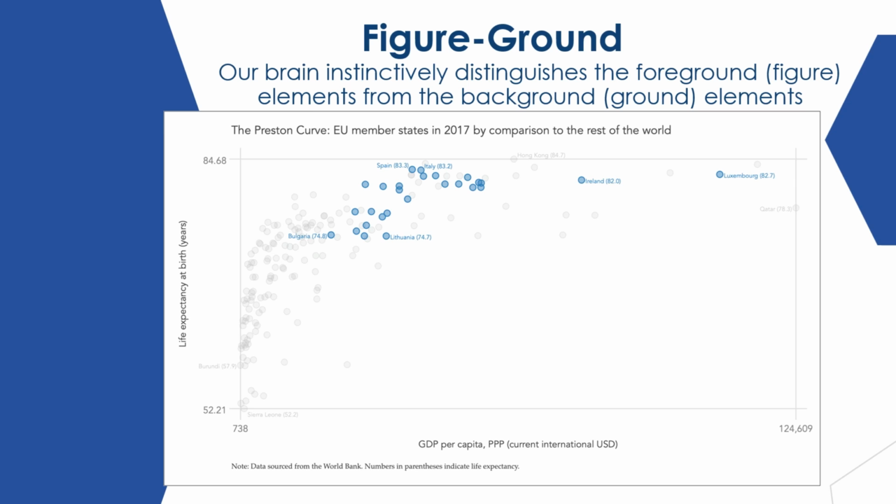So in this case, for example, we are visualizing the European countries on a scatter plot, and by having the rest of the world in light gray on the background, we're giving more context. We are telling the audience where the European countries are sitting as compared to the rest of the world.